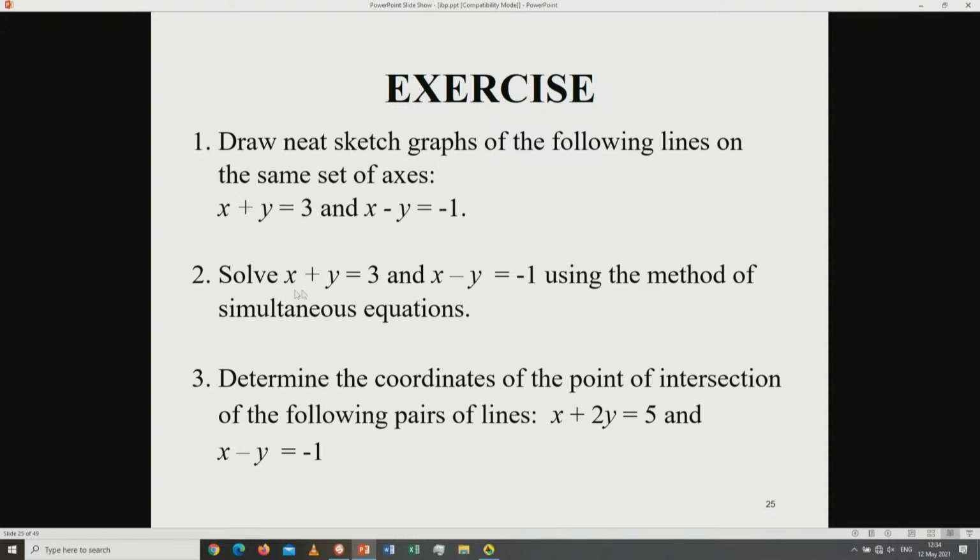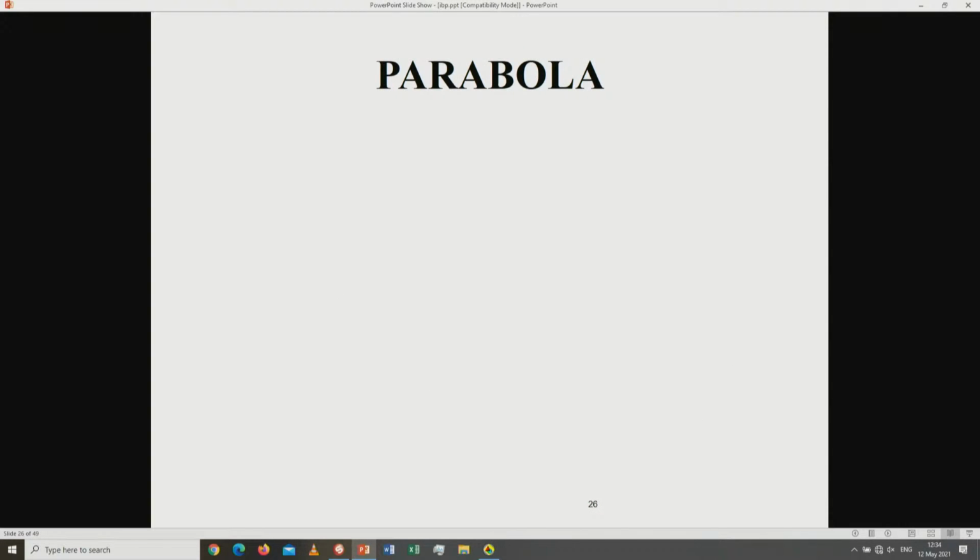And then on this one, solve x plus y is equal to 3 and x minus y is equal to minus 1 using the method of simultaneous equations, and from there we can determine the coordinates of the point of intersection of the following pairs of lines. Then you can either determine it graphically or you can determine it algebraically. Then, like I indicated earlier on, practice. Then after that, that will be perfect.